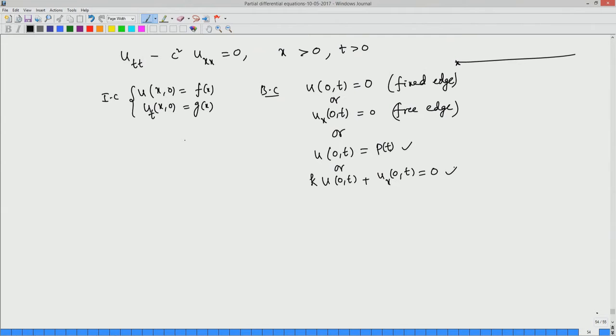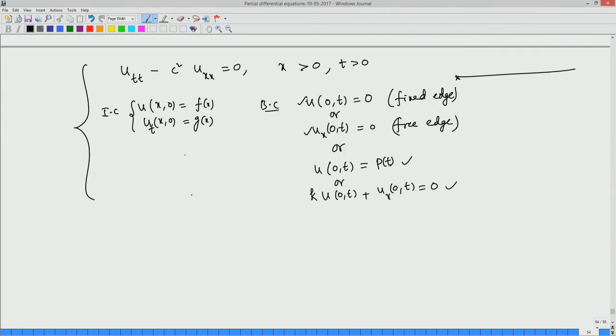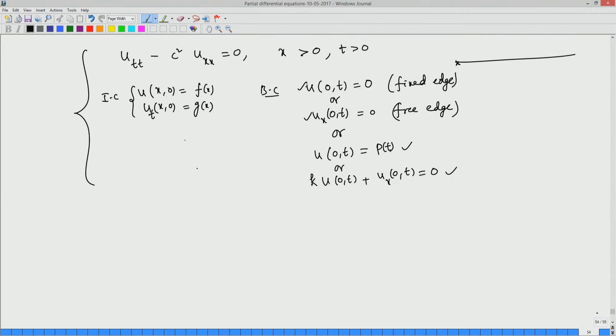For this boundary condition, a combination of these two, you do not know how to solve it, because just extending as an even or odd function will not work. So you need a more general approach to treat this problem.